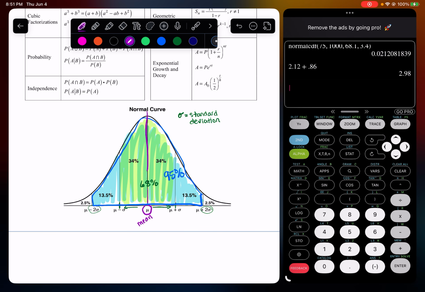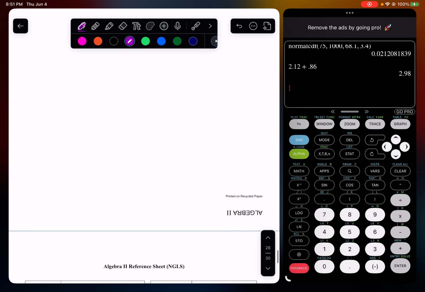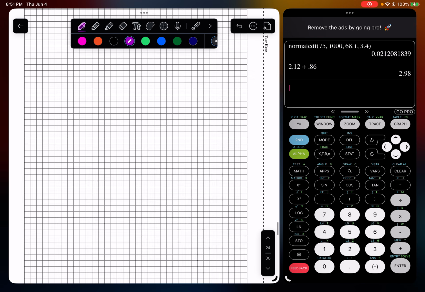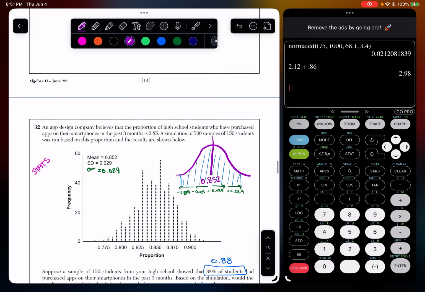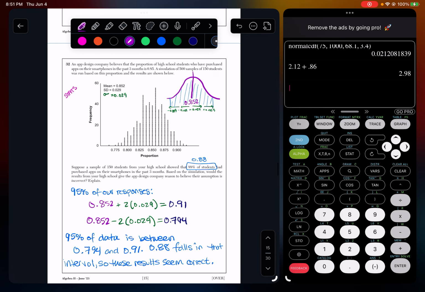If it's not asking about 95%, normal CDF. Nothing else will be asked of you about a standard deviation. So even if the story is confusing you, if they're asking whether something is usual or unusual, all they're asking is, find that interval, and say yes or no about whether the thing falls inside of it.